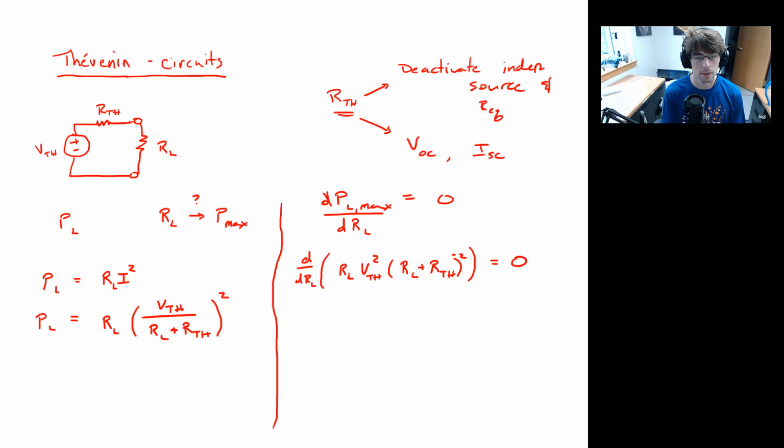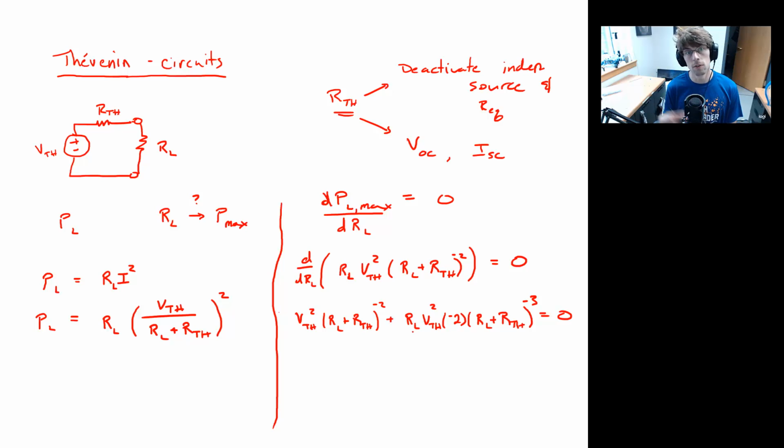So we have the derivative with respect to RL. So we end up with the Thevenin voltage squared times RL plus R Thevenin to the -2. Then we have added to that RL V squared Thevenin. And then we take the derivative of the other term, RL plus RTH to the -3rd, right?